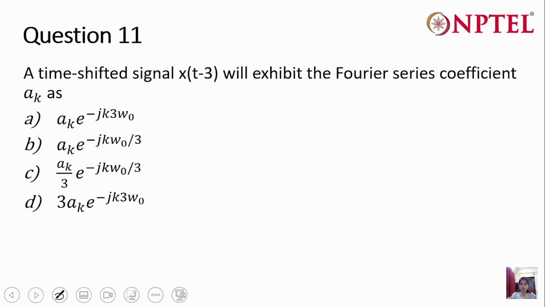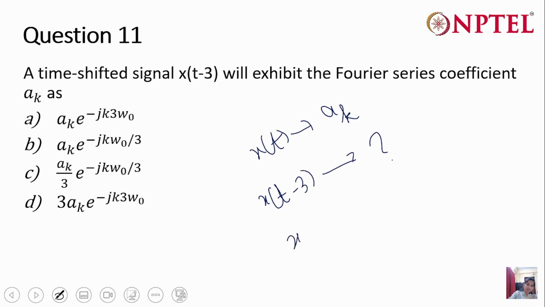Now we have a time shifted signal x of t minus 3. What will be the Fourier series coefficient? So for x of t it is ak. What will it be for x of t minus 3? Basically we have to use the property of time shifting. If it is t minus t naught, what will we get?